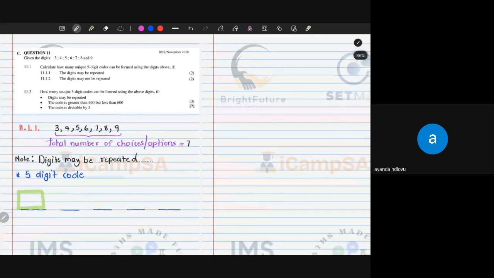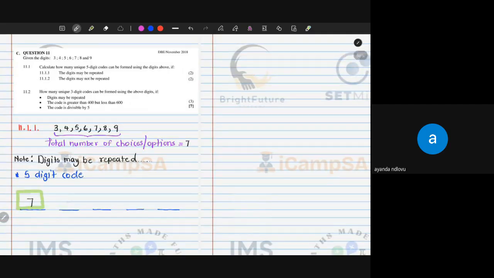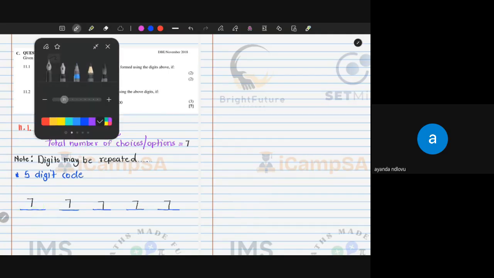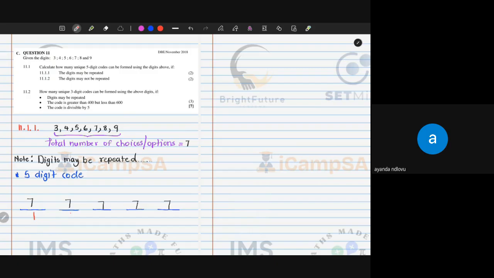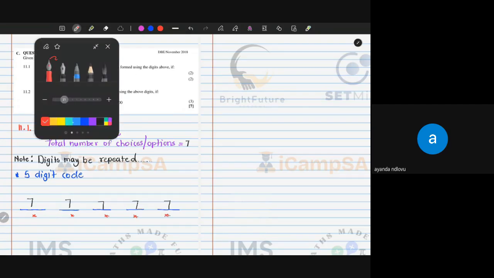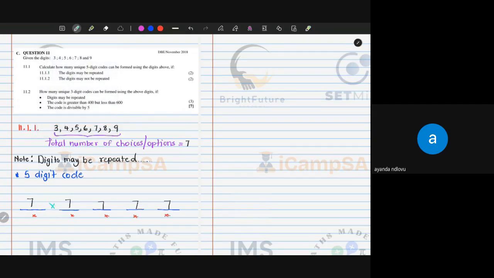Okay, I'll give it to you. We are going to choose from 7 numbers. And the second digit, we are going to choose from 7 numbers, 7 numbers, 7 numbers, and 7 numbers. And the reason is simple. They told us that the digits may be repeated. That is why we are choosing from 7 in every digit of the 5. And then we obviously need to multiply all of these.